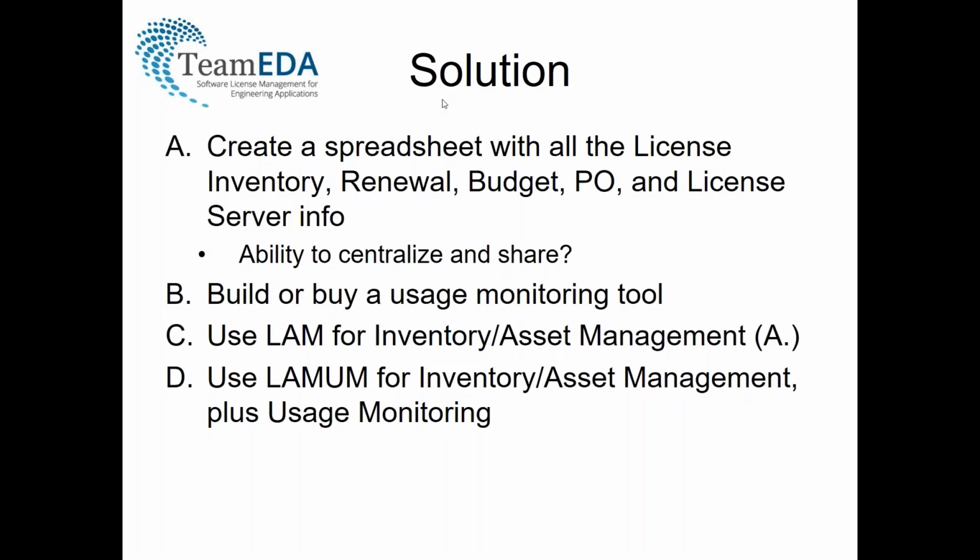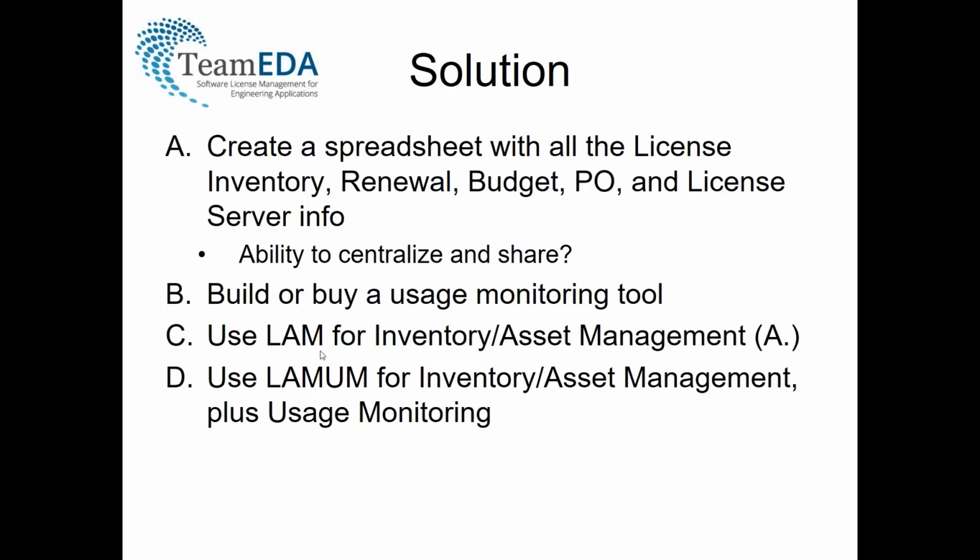Another option for solving this problem would be to use LAM, which stands for License Asset Manager, for tracking all the information that I have up here. It allows you to capture and centralize information about your license inventory, your renewals, your budgets, your POs, your license servers, and all that. That's available from us, Team EDA, and it's a product called LAM.